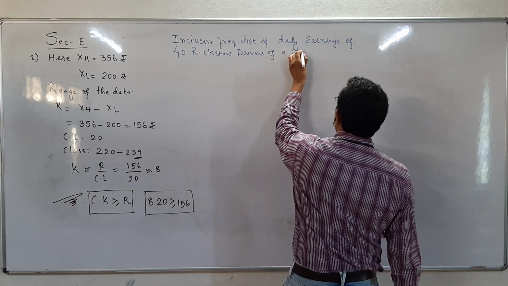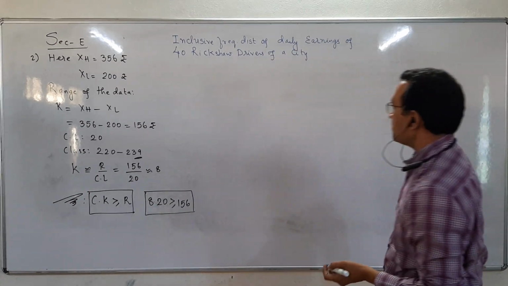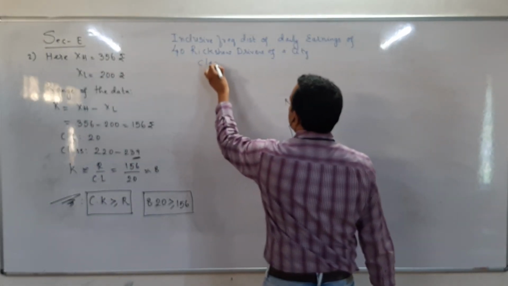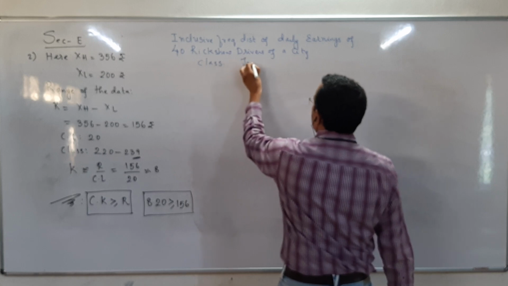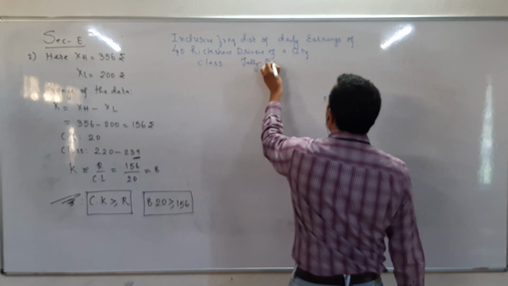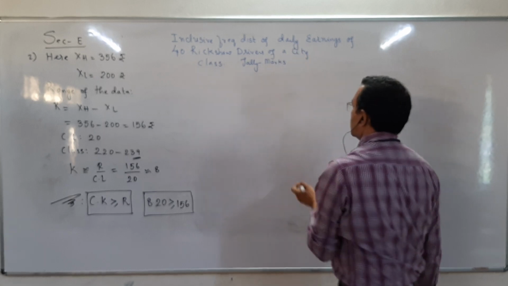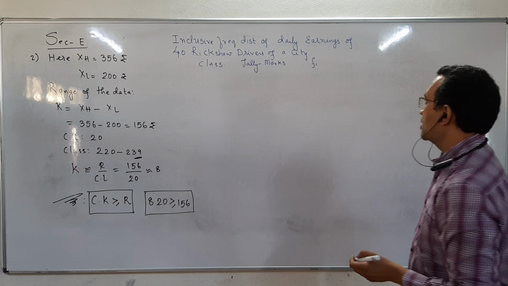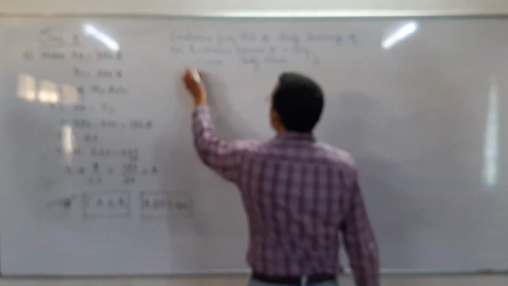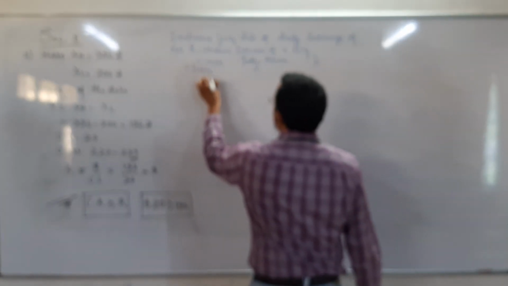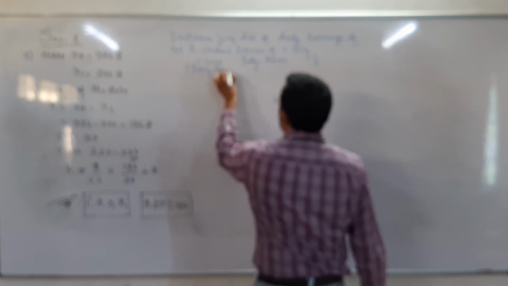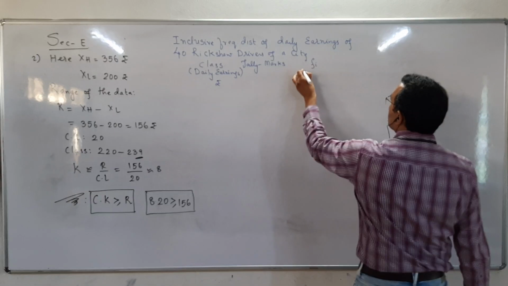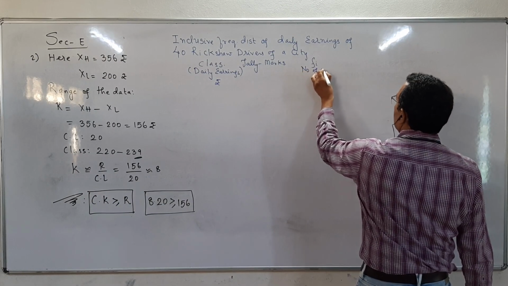of a particular city. The first column will be, as usual, classes. Second column tally marks and third column frequency f_i. So classes will be regarding daily earnings in rupees and f_i will be the number of rickshaw drivers.